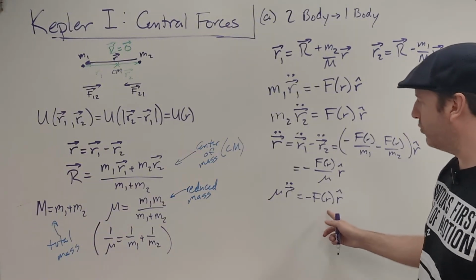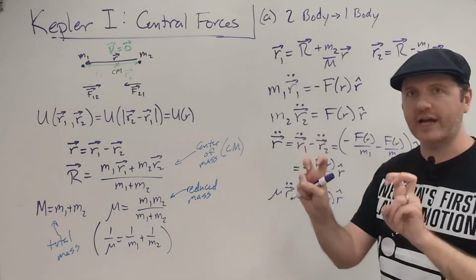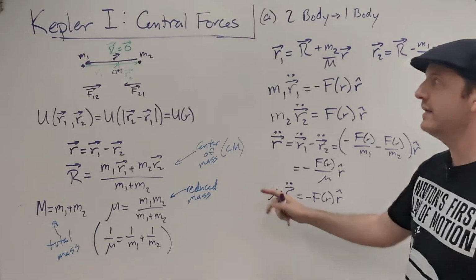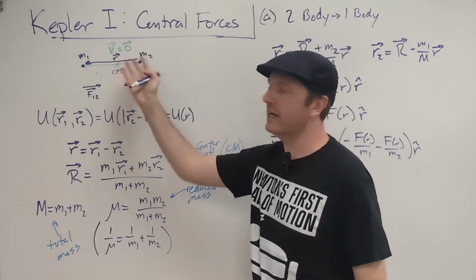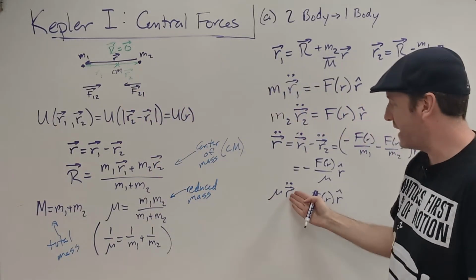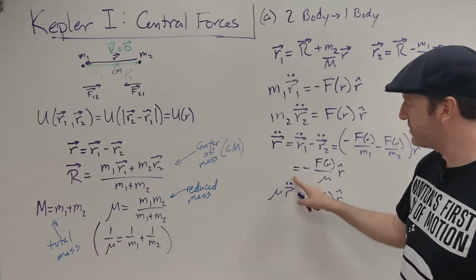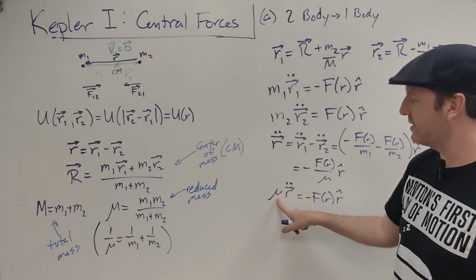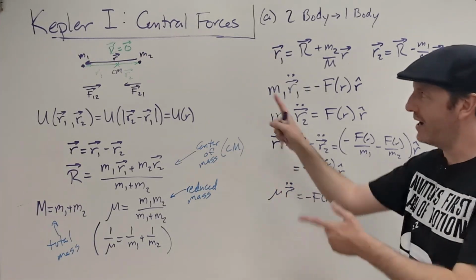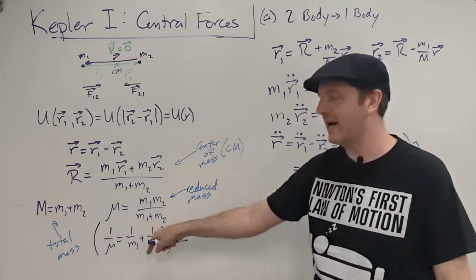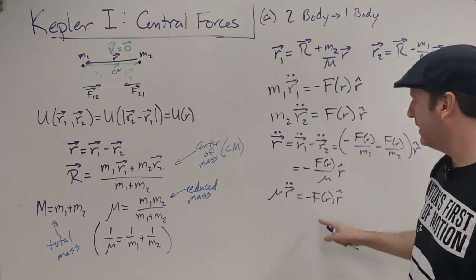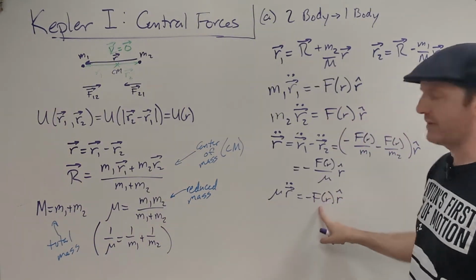It's just that now we have a single object, which is at location r. Notice that's not really any of these objects here, but there's a position, which we'll call this vector r. The second derivative of it times this mass, which again is not a mass in the problem, but it's made out of masses in the problem, equals some kind of force.